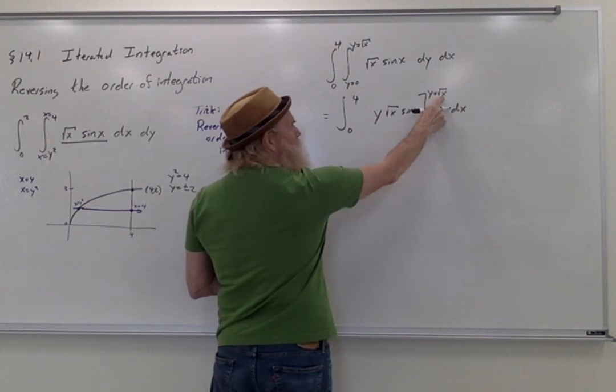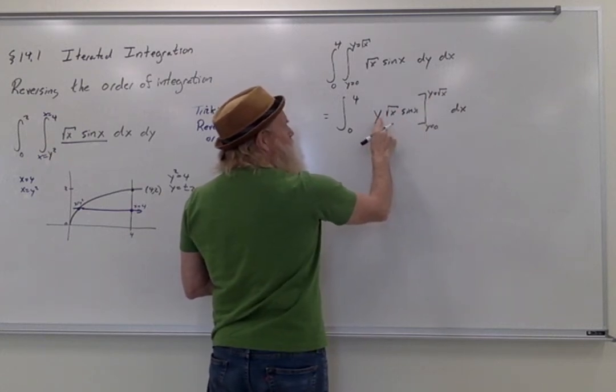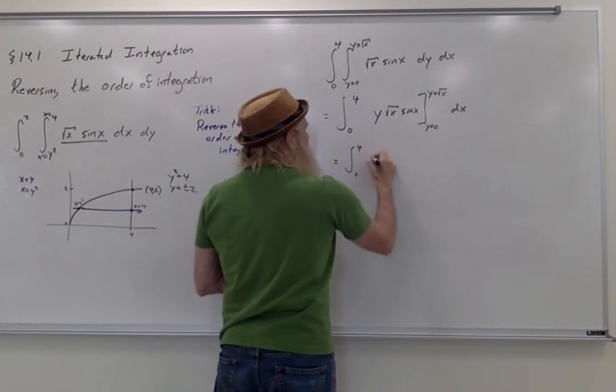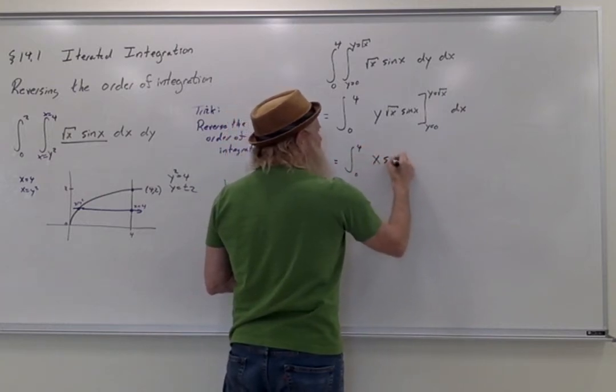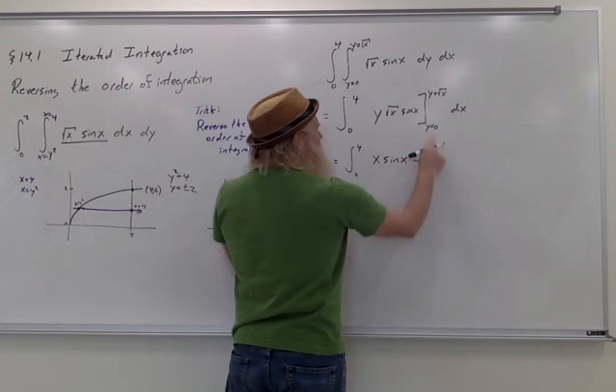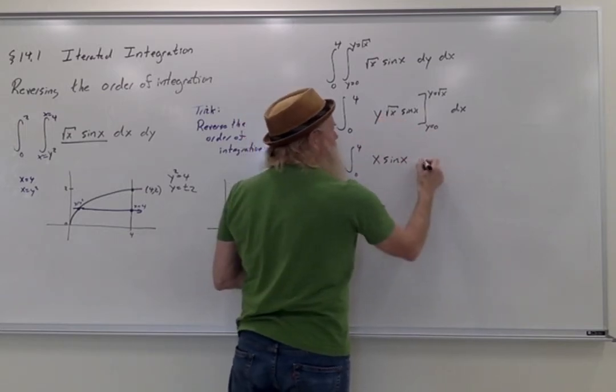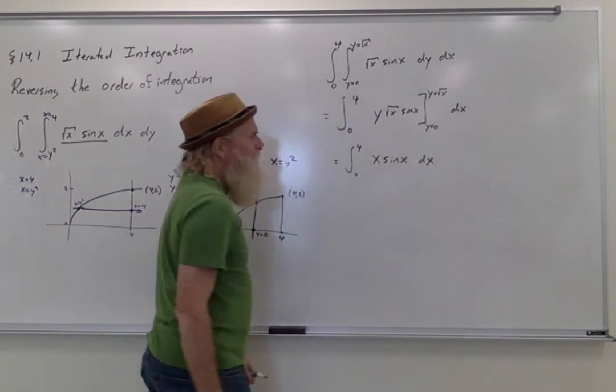Notice when I replace the y with square root of x, I have square root of x times square root of x, which is x. So I have x sine x minus, plugging in 0, 0 sine x. So I can leave that off.